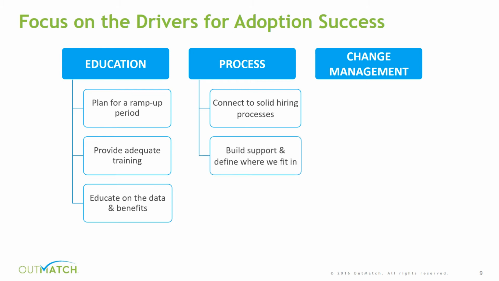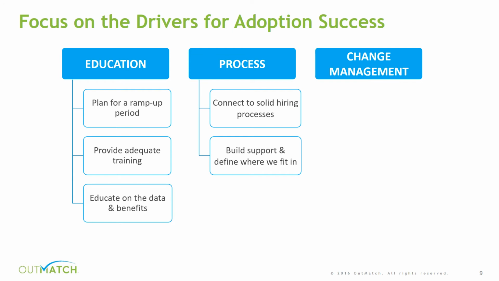Second, build strong operational support by showcasing the benefits of the new tool to the organization and also at the individual level. Any lack of operational support around the new tool will prevent it from becoming successful. And finally, define where the assessment fits in the process. Outline what the new process will look like so that all users are familiar and understand its importance.